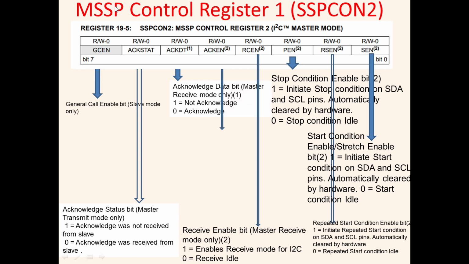Whereas for the acknowledgement status, this acknowledgement status bit is nothing but a status bit from master transmit mode. If you put this bit as a 1, then acknowledgement was not received from the slave. And when you put this bit as a 0, you can say that acknowledgement was received from the slave.